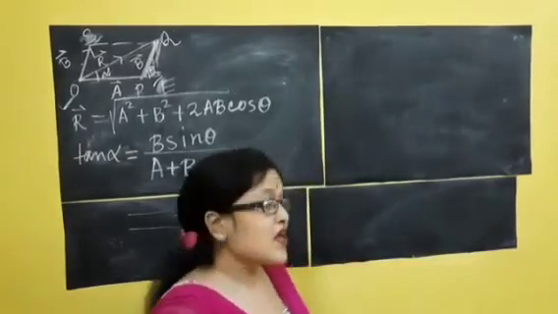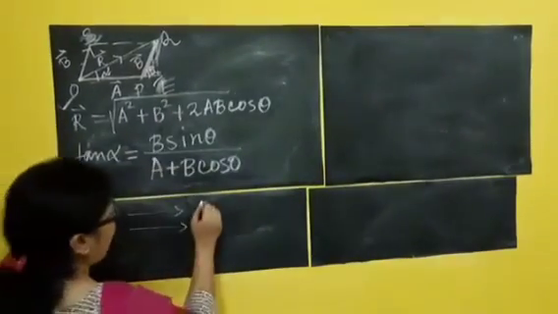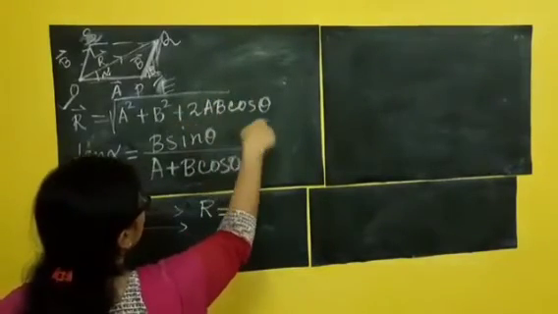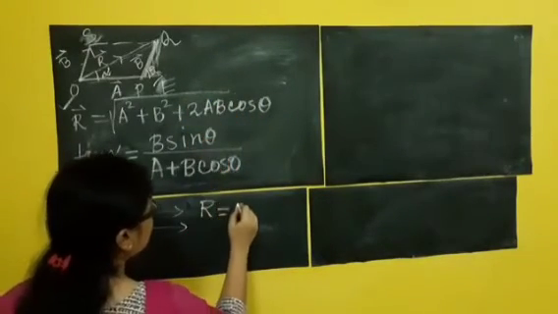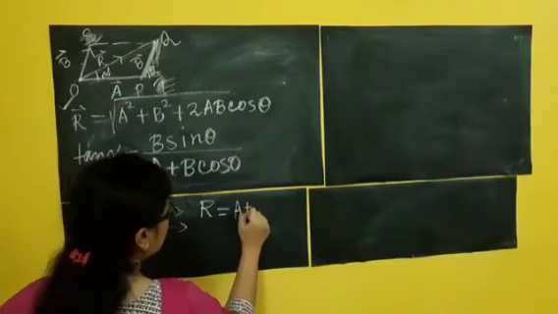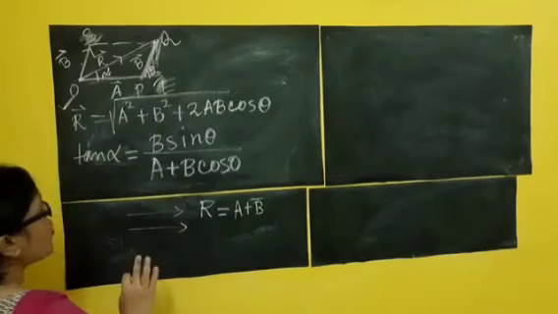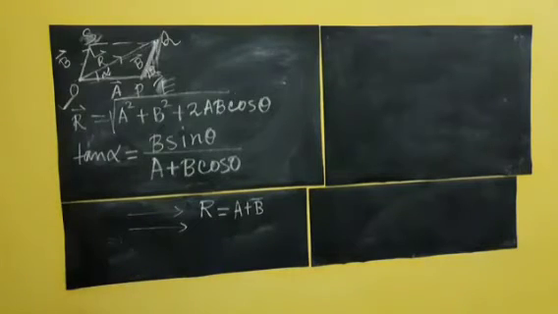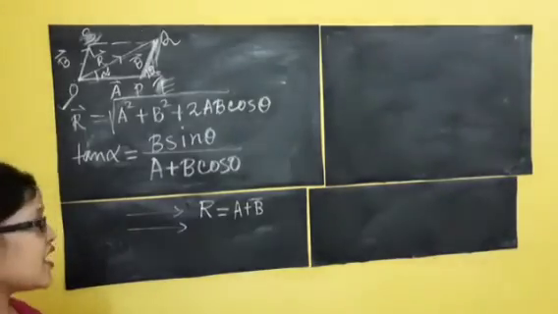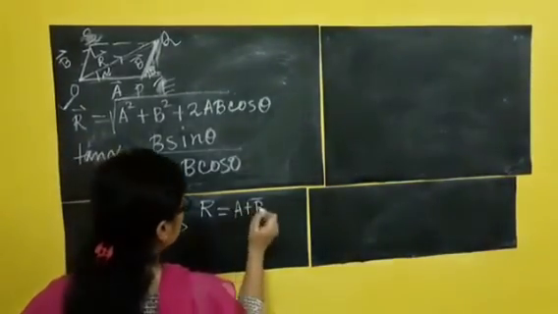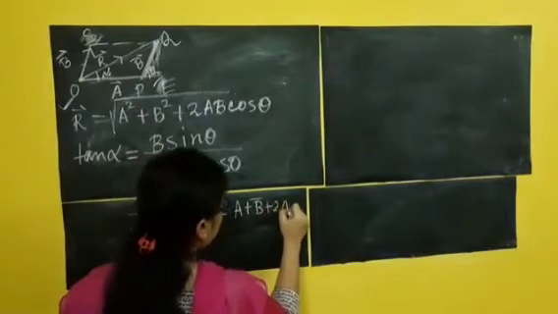Therefore, the resultant vector R will be equal to, if I put cos 0, this term will give me 1. So I will get R equal to A plus B if the two vectors are proceeding in the same direction. So R equals root under A square plus B square plus 2AB.